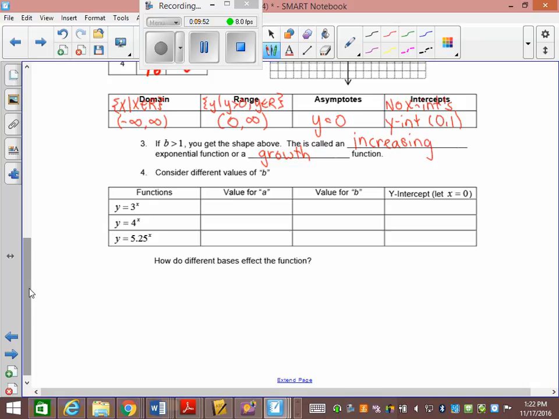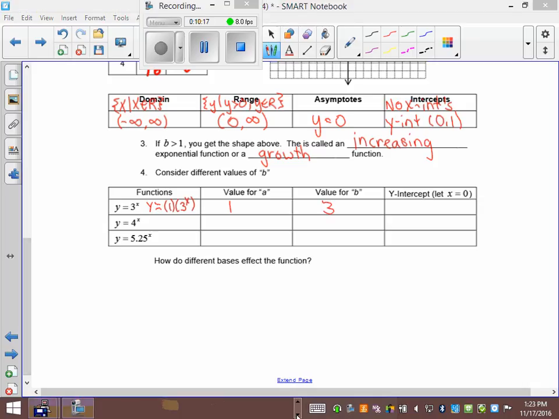So we're going to look at y equals 3 to the x. The value of a in this case, you'd have to go y equals 1 times 3 to the x. So the value of a for this one is 1. What's the value of b? 3.